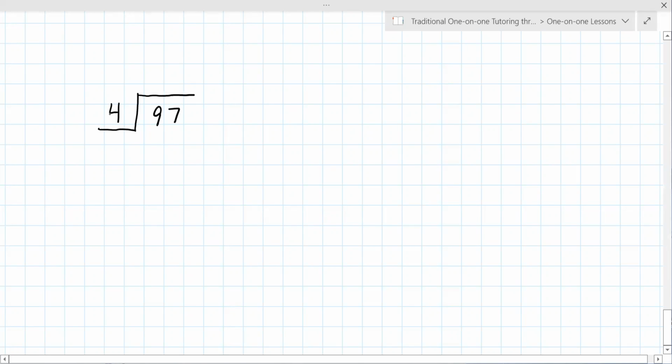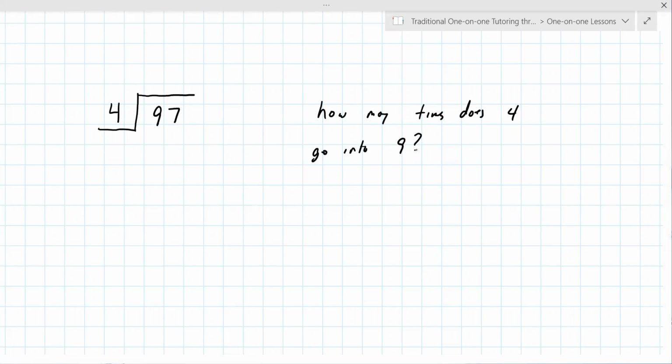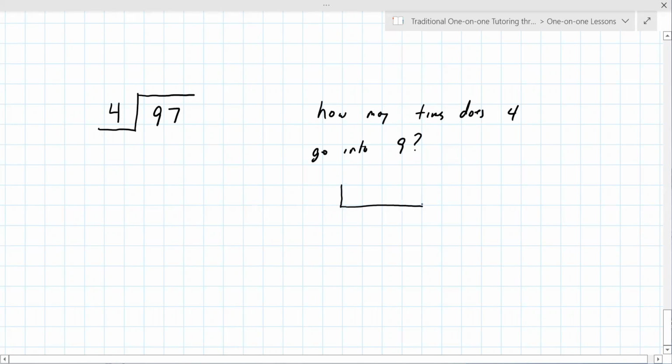You always start with that number on the outside. You say, how many times does 4 go into 9? How many times does 4 go into 9? 1. So the way your teacher has been showing you in the classroom is they use these blocks.